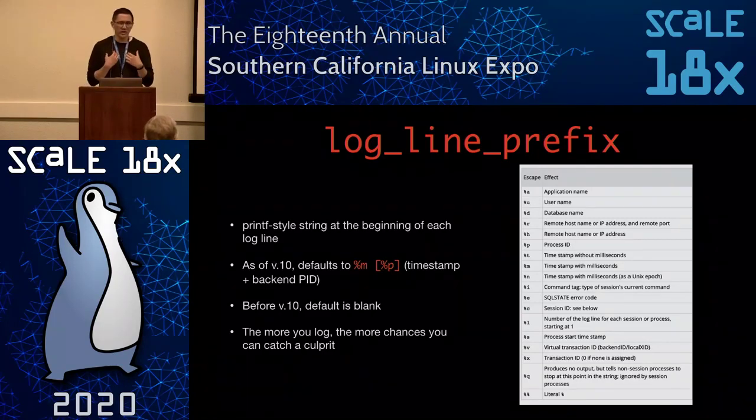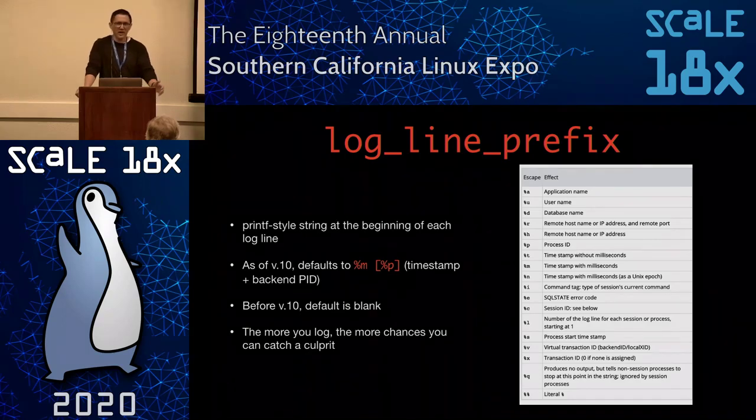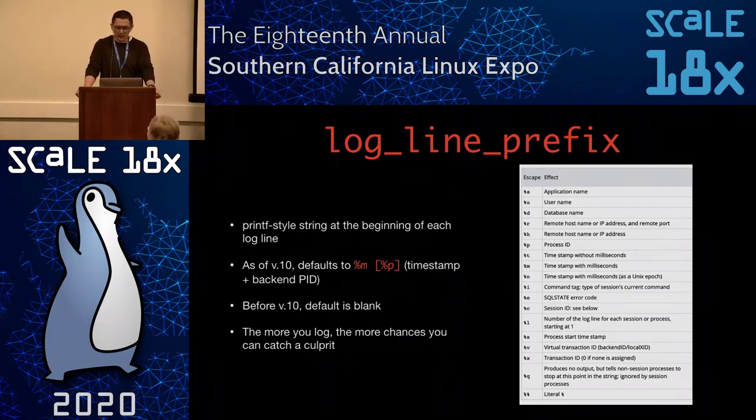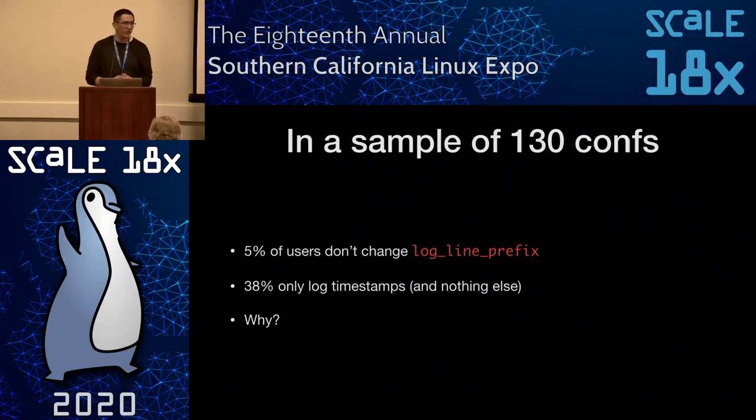The reason I got inspired to do this talk was because I ran into several of our customers who did not have log_line_prefix set. So in preparation for this talk, I dug through a couple years of history of our support tickets, and I found that out of 130 conf files, 5% of our users don't change log_line_prefix. So 5% either have just the timestamp and PID, or they have nothing at all, which is kind of surprising to me. 38% only log timestamps.